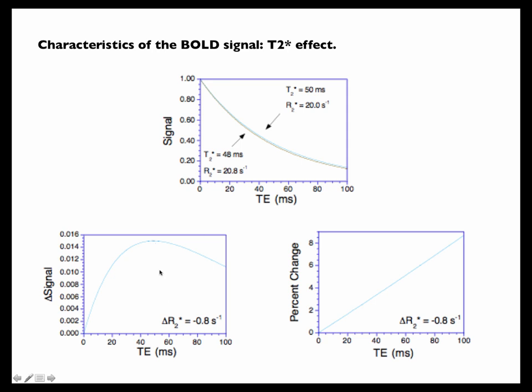We don't go any longer because this difference starts to attenuate as the overall signal starts to drop. Basically, looking at the difference between two exponentials, the peak is always at the time constant that defines the exponential curve. And this is why, even though the percent signal change keeps on going up with echo time, it can keep on going up forever, the contrast that we get is really because of this peak right here, the difference in the signal.